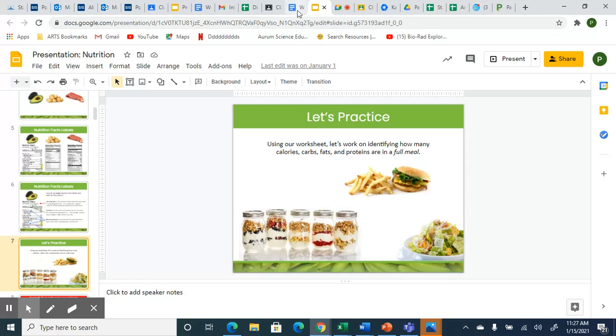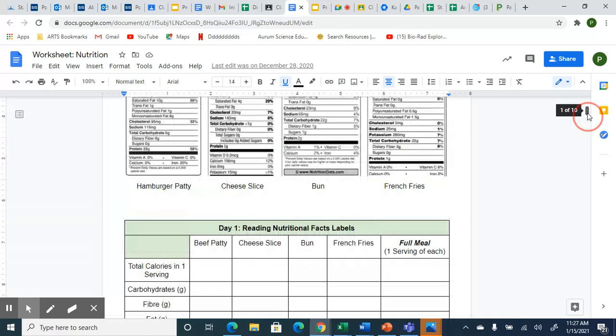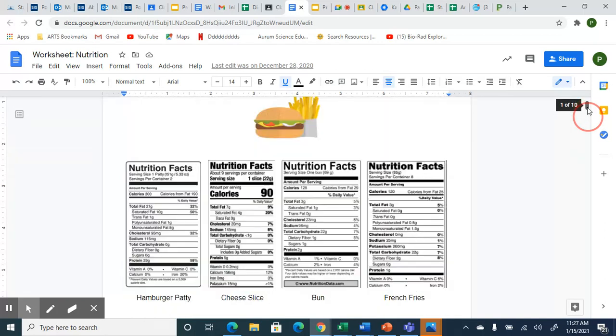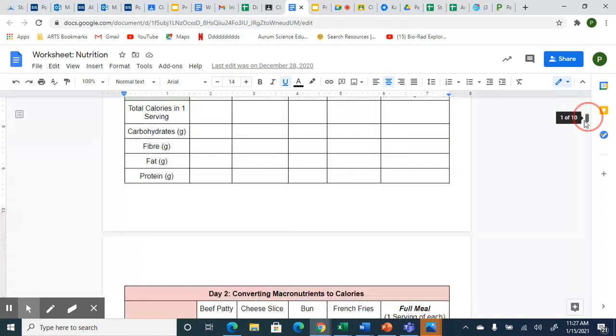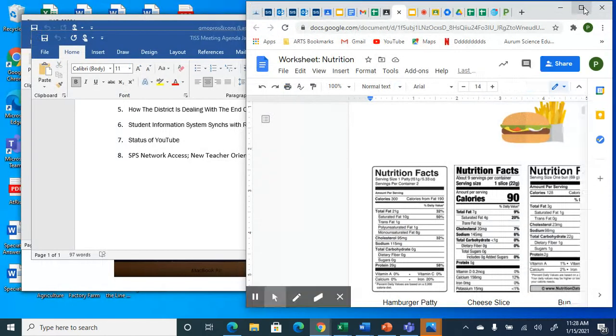All right, so let's go over here, and we need to read our label and fill in the chart at the same time. So let's make this smaller.